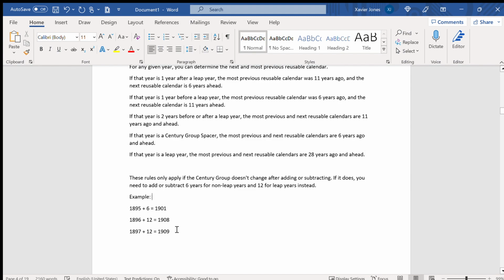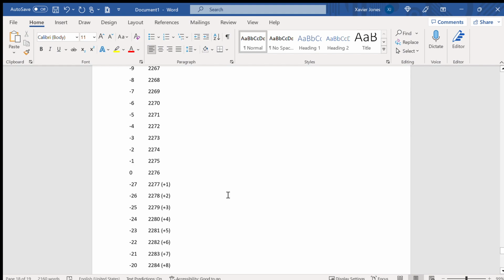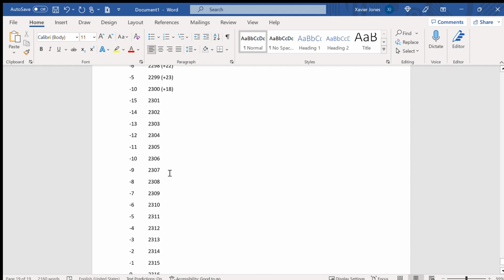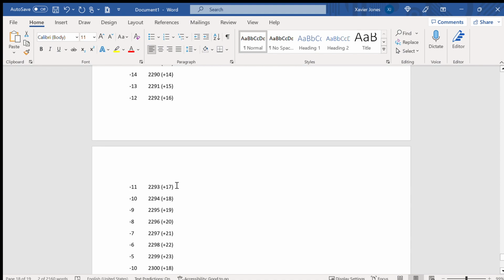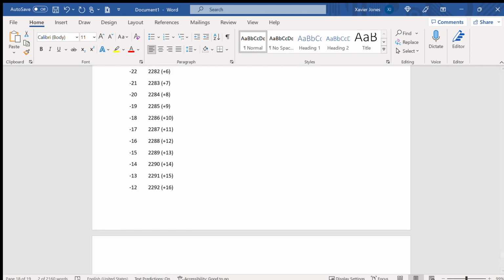So for example, 1892 has the same calendar as, well, 23/4, 1904 is what I was trying to say. 1892 and 1904 should have the same calendar. 1892 is a yes Friday. 1904 should also be a yes Friday. And it is indeed.